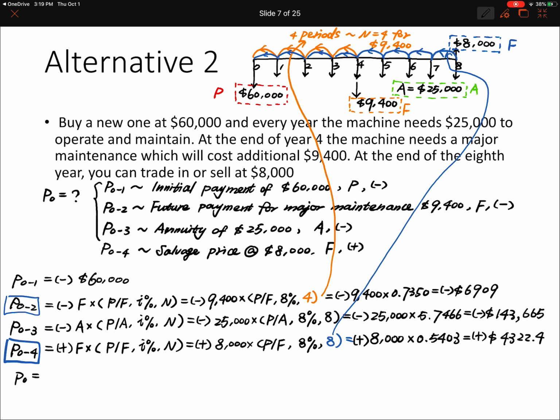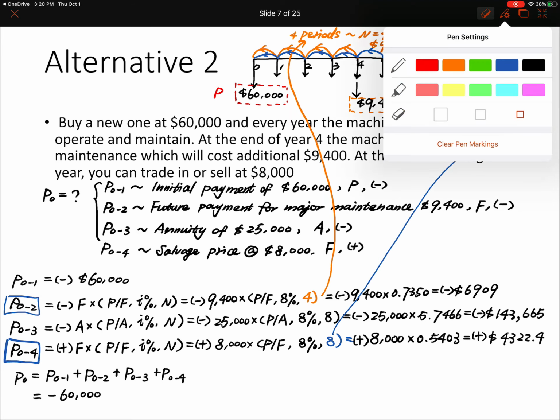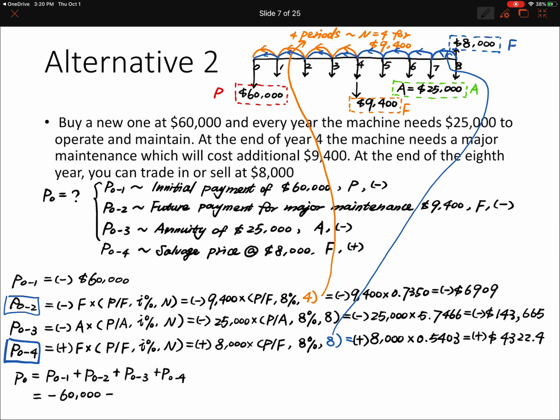So the final result for part 4 is going to be 4322.4. Okay, so now your P0 is going to be the sum of the 4 parts. So P01 plus P02 plus P03 plus P04. So it is negative 60,000, plus, or you can just write the negative sign directly.